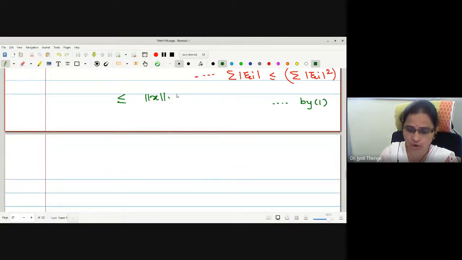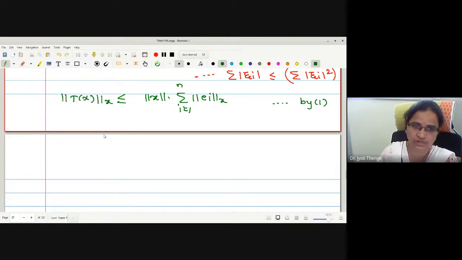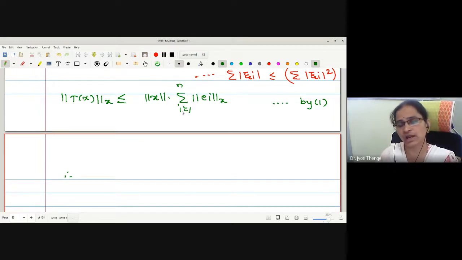Therefore, here I have used this 1. Norm x times summation norm x of e i, i running from 1 to n, as it is. To the left, we started with norm x of T of x. Now, think of the right. The e i's are the basis elements of my X space.